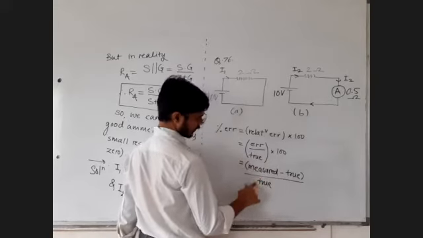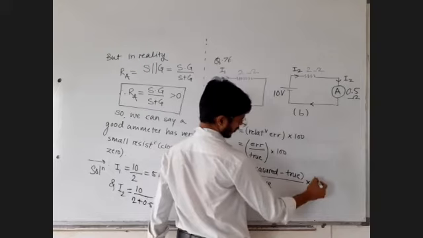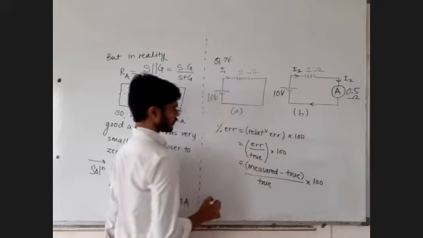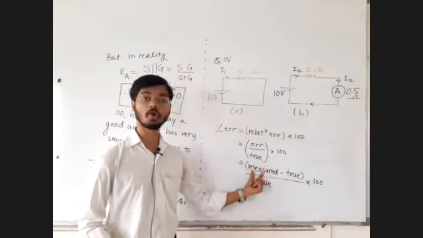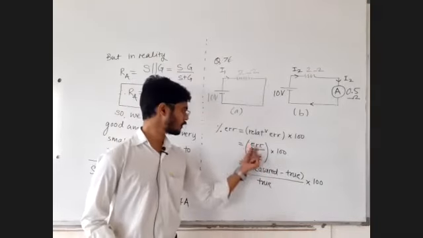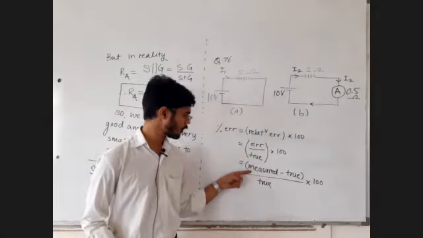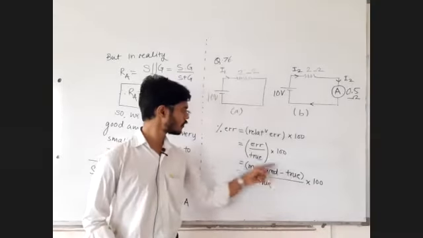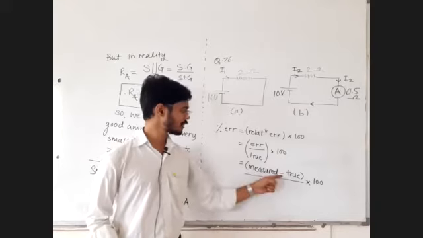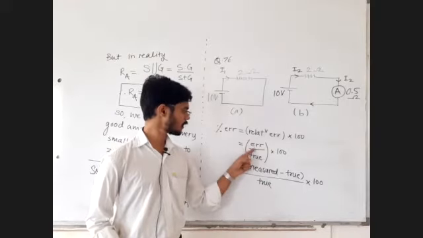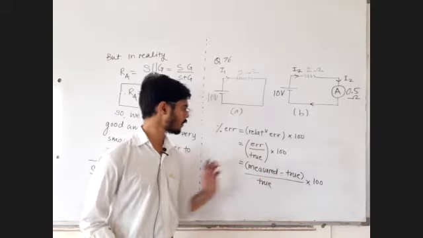This is called relative error, into 100. If the error is positive, it means the measured value is more than the true value. And if the error is negative, the measured value is less than the true value.